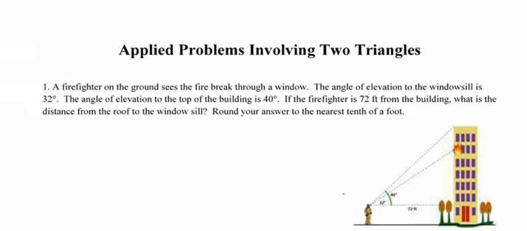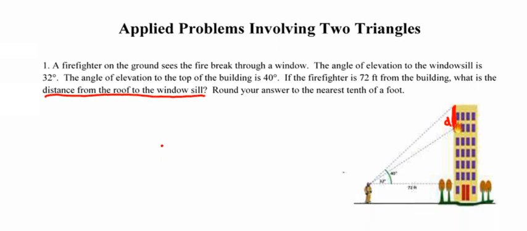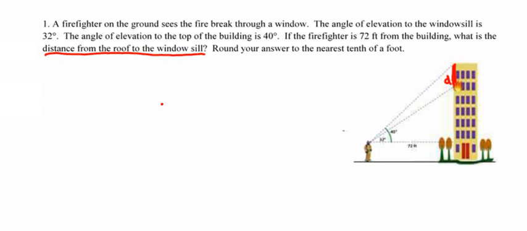As far as what we're trying to find, it's this distance from the roof down to the windowsill. In our picture, we're looking to find the length of that little line segment right there. I'm going to call that D. If I look at the picture, we really have two right triangles living in this picture that we can use.